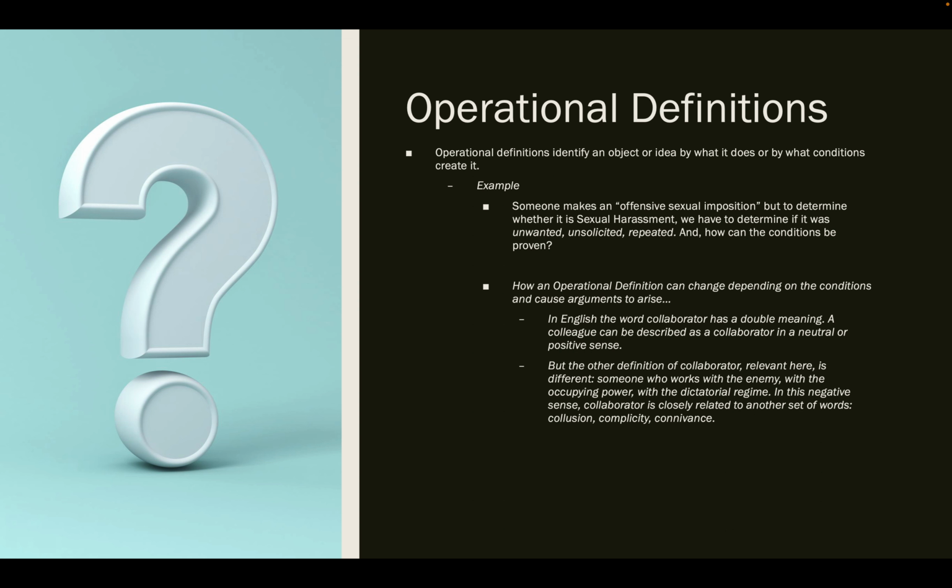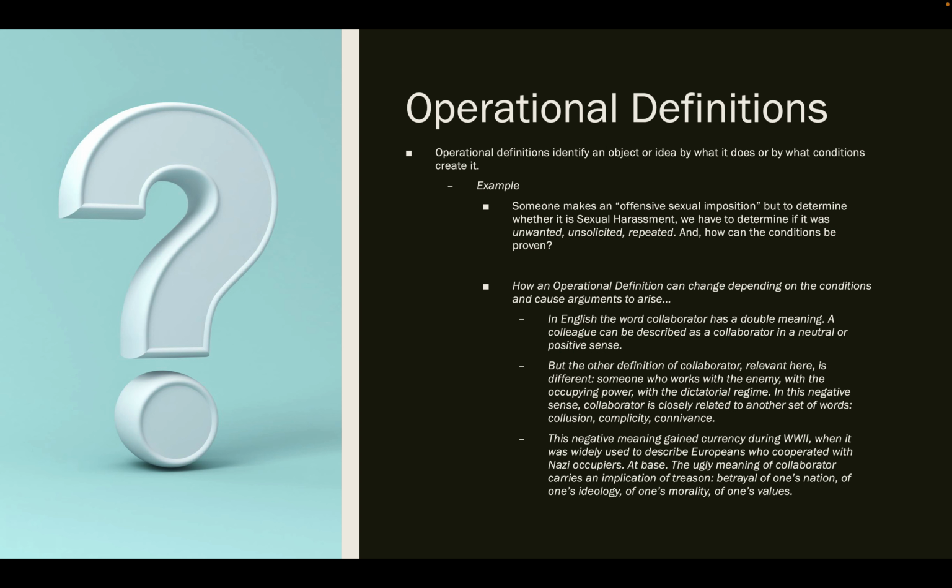The other definition of collaborator relevant here is different: someone who works with the enemy, with the occupying power, with the dictatorial regime. In this negative sense, collaborator is closely related to another set of words: collusion, complicity, connivance. So now we've got a completely different definition, and this is where we might argue that people who fit this definition, we can argue against them in the negative.